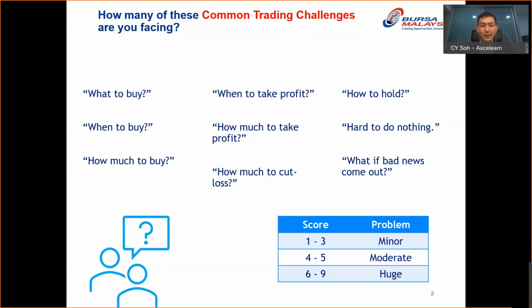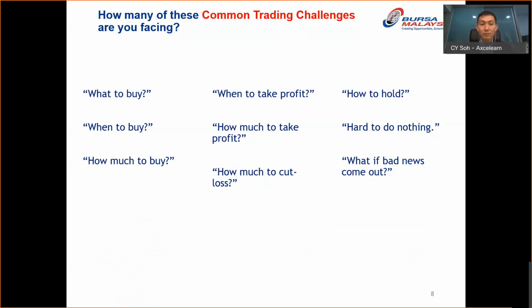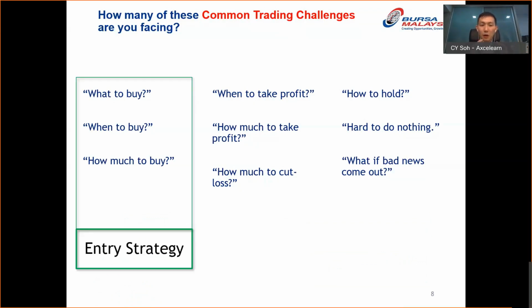So as we look at these 9 challenges, in fact, there are only 3 things that you need to do to solve all of these 9 problems. Only 3 things. So the first thing, on the far left, covers these 3 problems: what to buy, when to buy, and how much to buy.